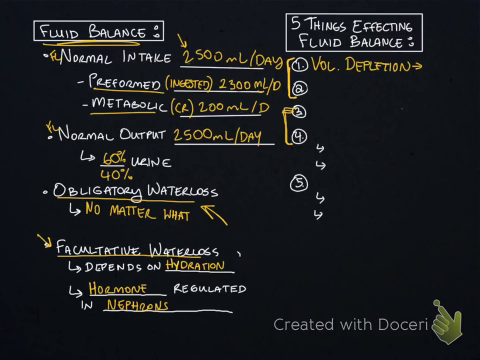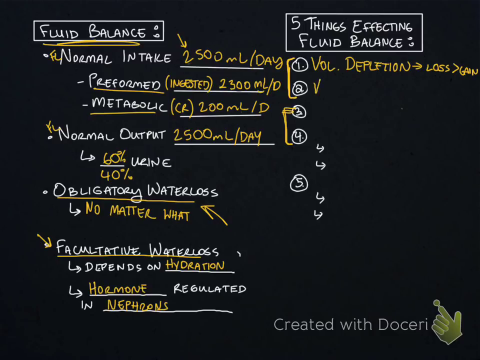Basically, with volume depletion, your fluid loss is greater than your fluid gain, right? But we're talking about fluid here. We're not talking about solutes, right? Because concentration stays the same, osmolarity stays the same, but it is movement of fluid that causes this imbalance.